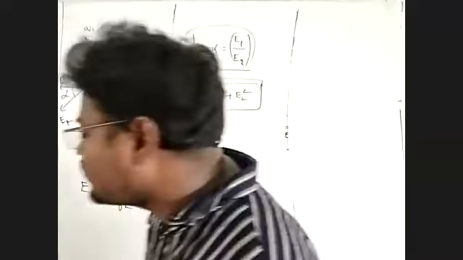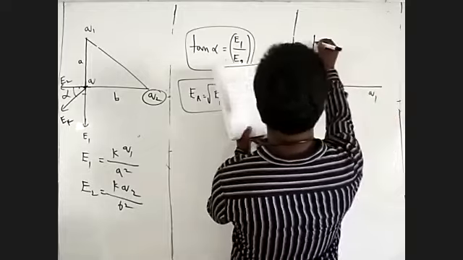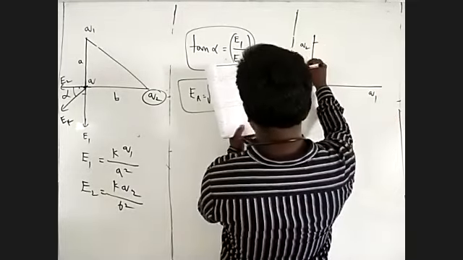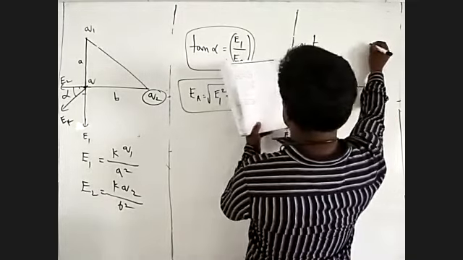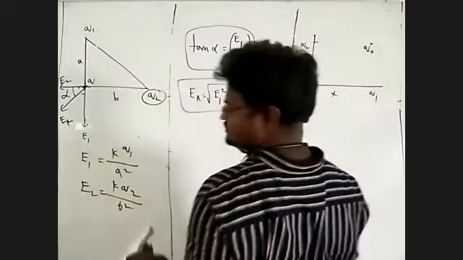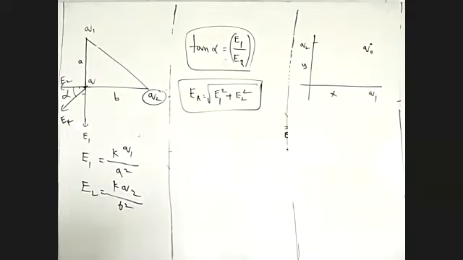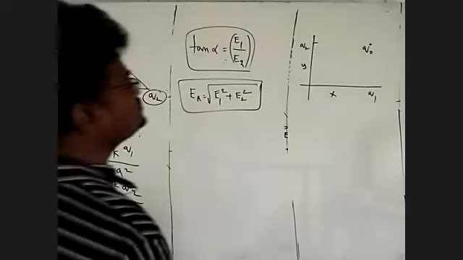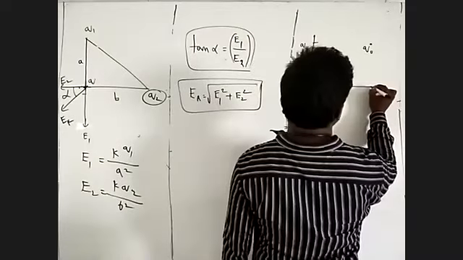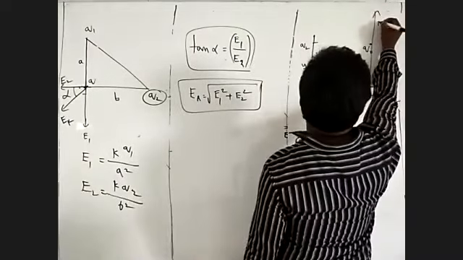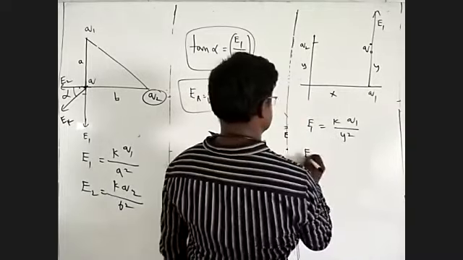So next one. This is Q1. This is Q2. This is the Q0 charge. This Q1 repels the charge in this direction. This is E1. E1 is equal to K into Q1 by distance Y square. Next E2.